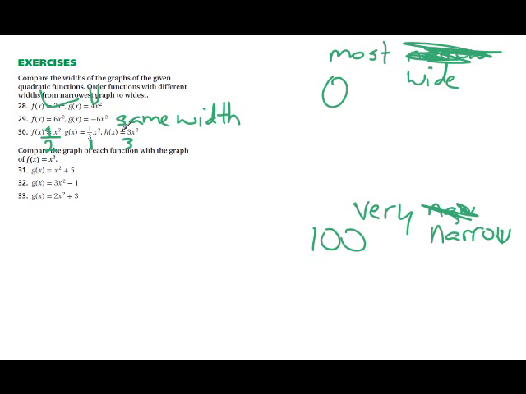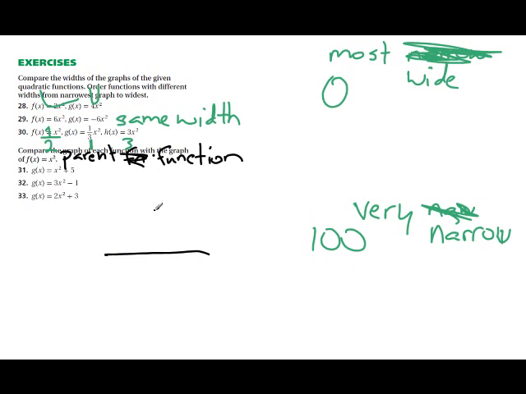Compare the graphs. So this time we don't really care about a, well, I guess we can care a little bit about a. So how does x squared compare to x squared plus 5? Remember, x squared is what we call our parent function, because every other quadratic function is based on that.